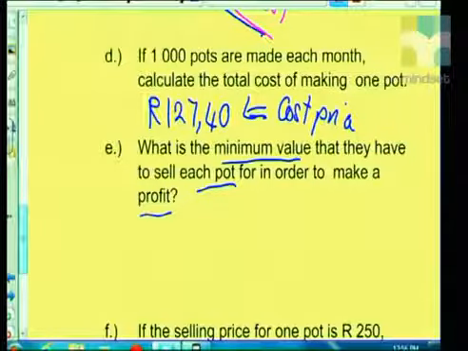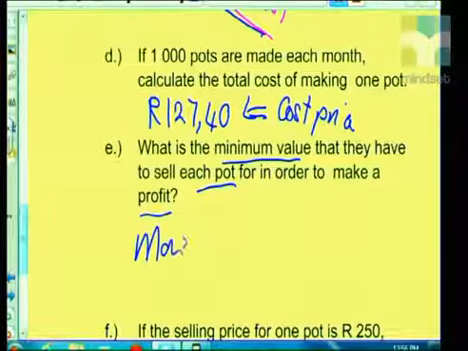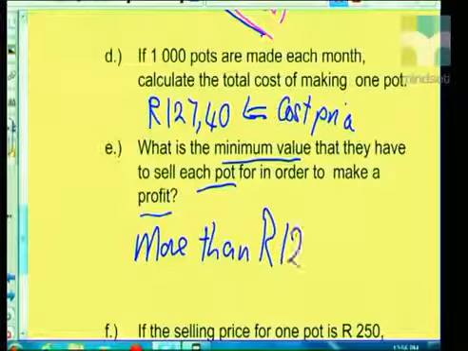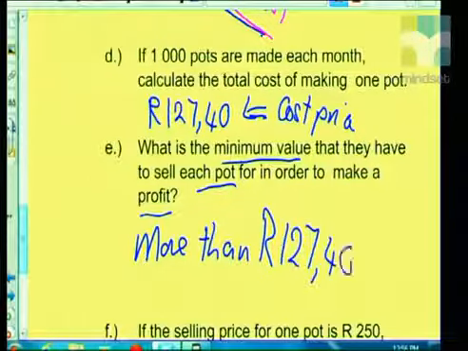You're not going to make any profit unless you sell it for at least 127 Rand. So that's the cost price. The minimum value you have to sell each to make a profit. To make a profit, it has to be more than 127 Rand and 40 cents. So anything less than that, you're making a loss. We've got to sell it for at least that.